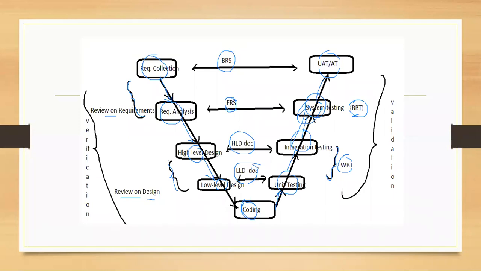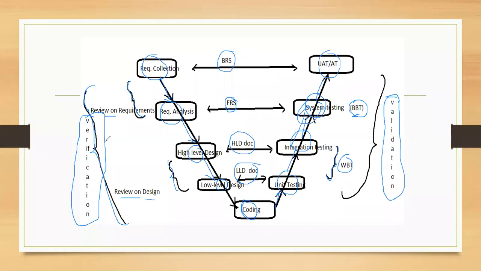Whichever activities are performed before going to coding, in order to check whether the documents you prepared are correct or not, we call this kind of activity a verification activity. Similarly, whichever activities are performed after coding, we call those validation activities.